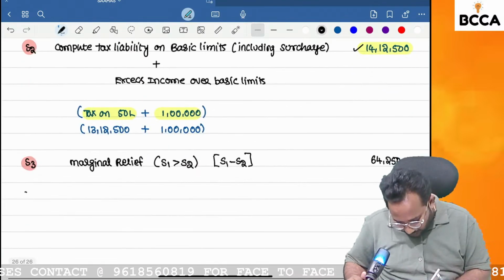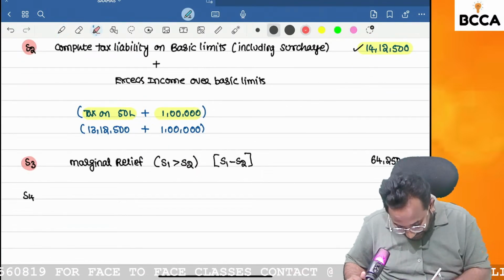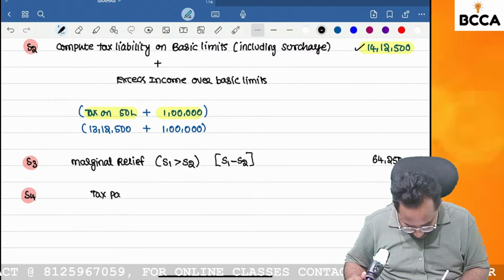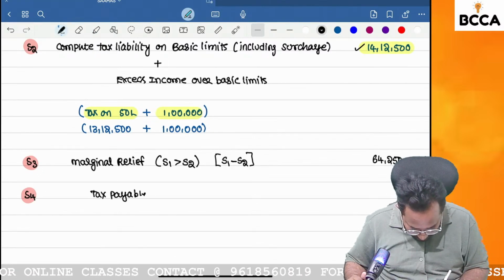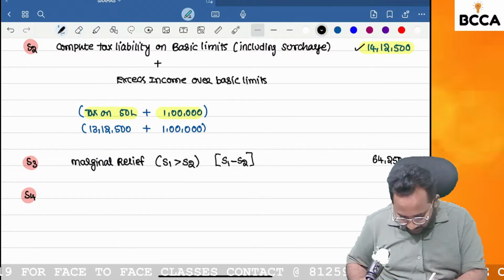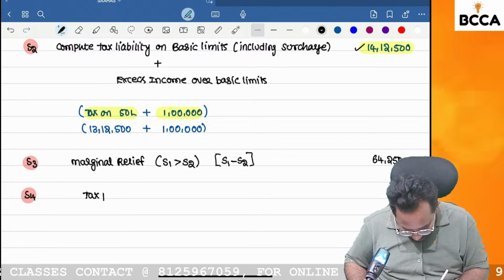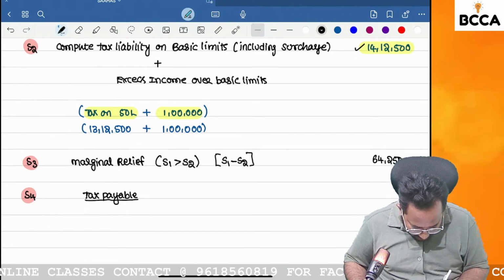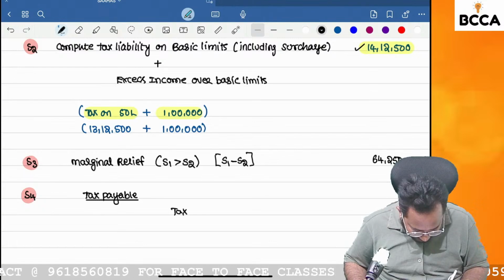Okay. Step 4. Finally, what is the tax you want to collect from me? That is only the tax payable. So how much amount do I have to pay as tax? Please tell me what is the tax liability I have.